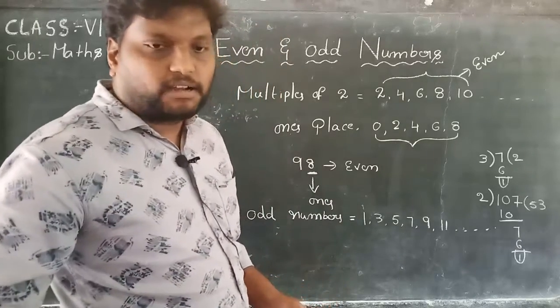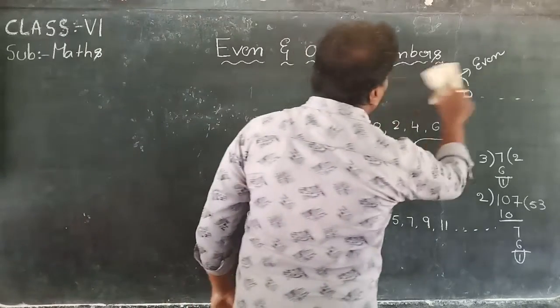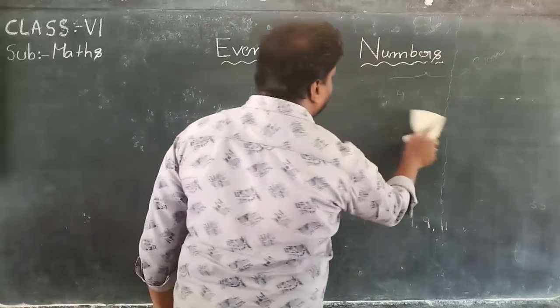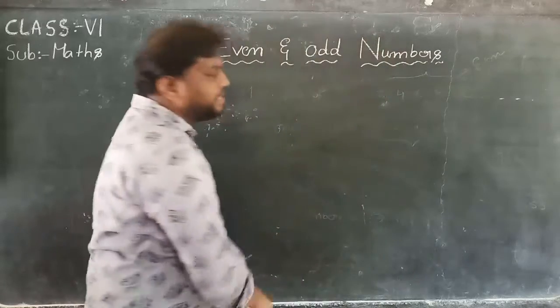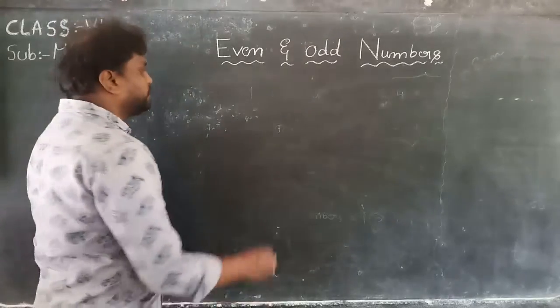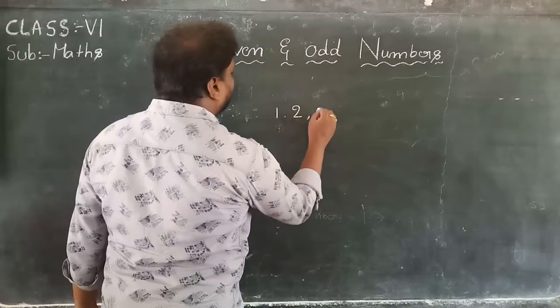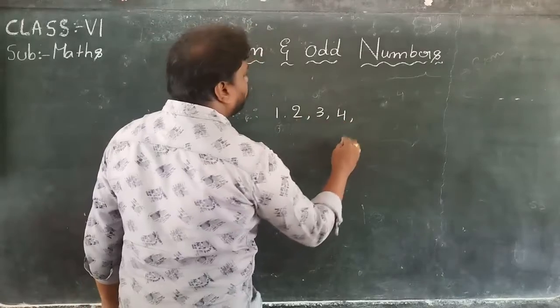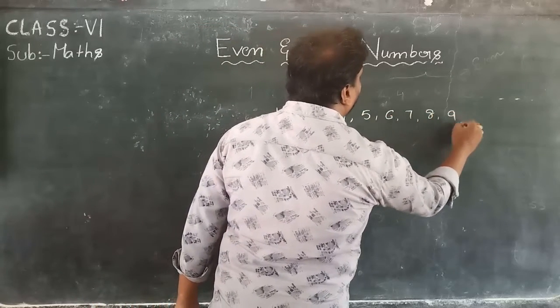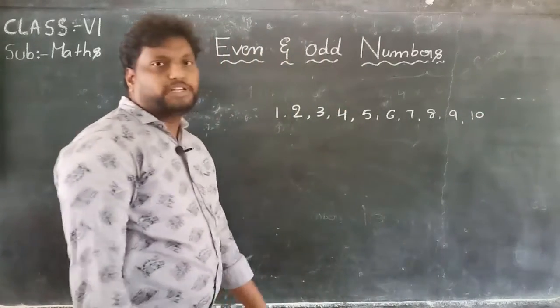They come alternately in natural numbers also. Even numbers and odd numbers are a special type of numbers in natural numbers. For example, 1, 2, 3, 4, 5, 6, 7, 8, 9, 10. I am taking from 1 to 10.